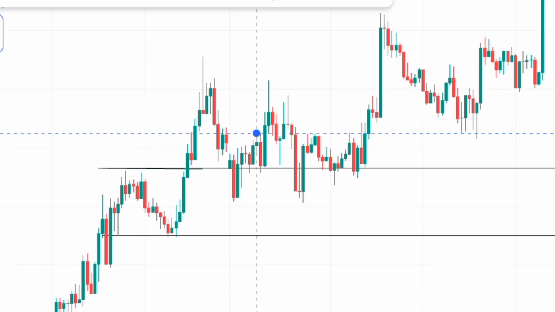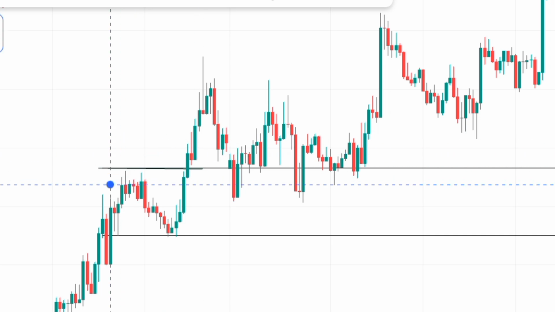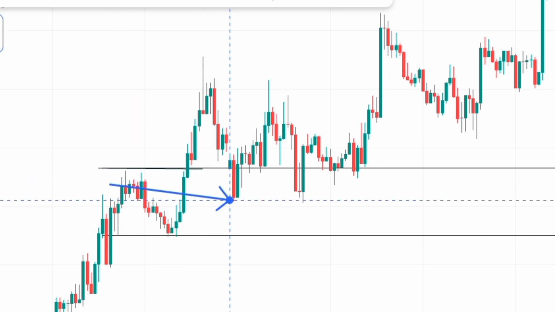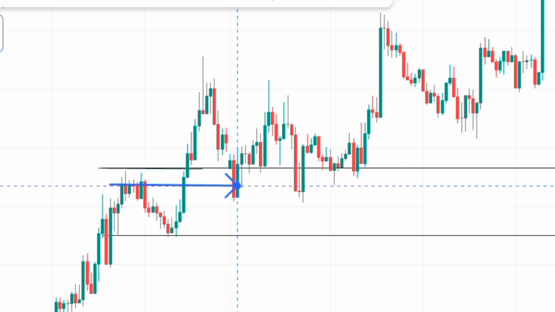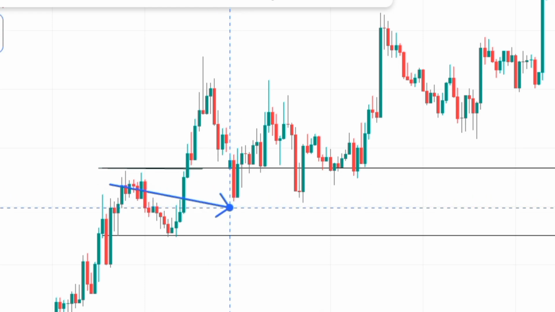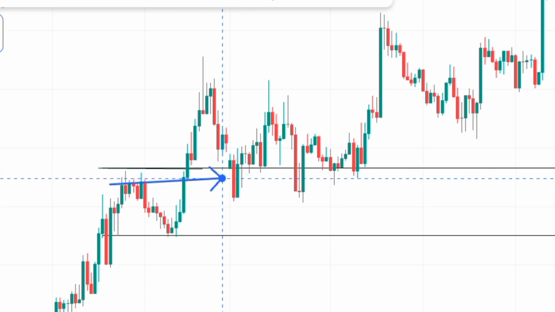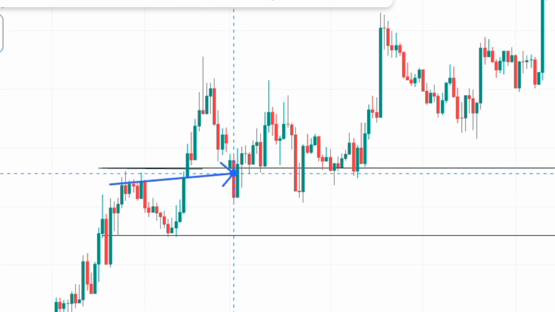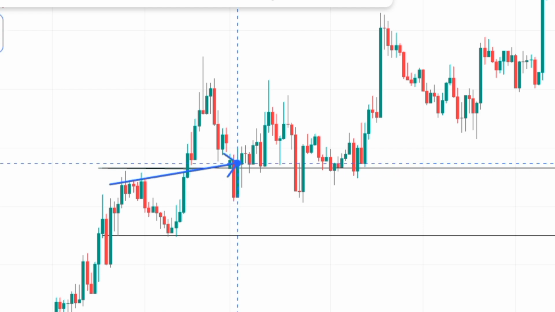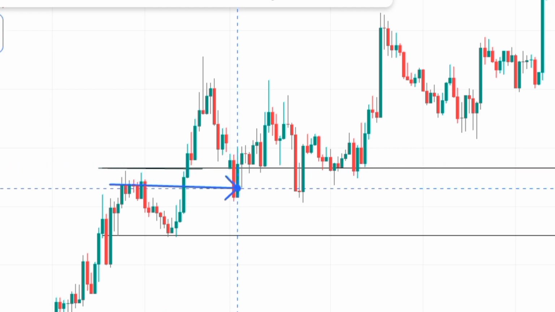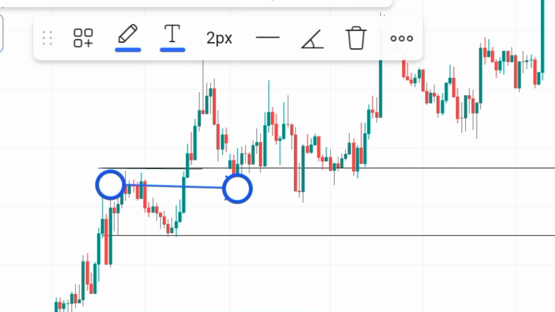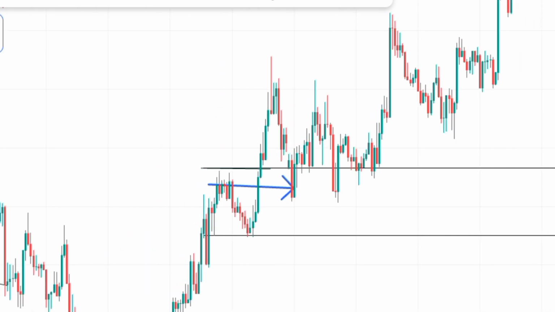Sometimes we enter on the bullish confirmations of candlestick patterns. You can see the market first created this bearish momentum candle, then it created a bullish inside candle here, confirming to us that we can enter from that zone.